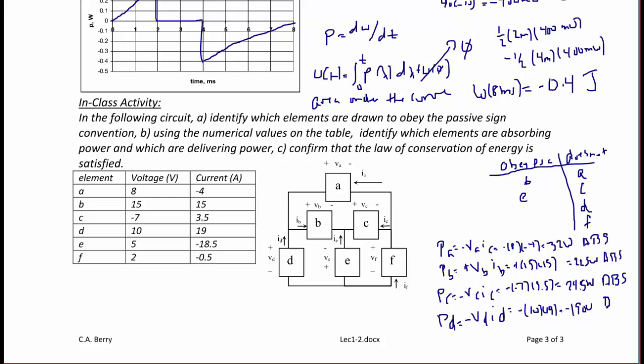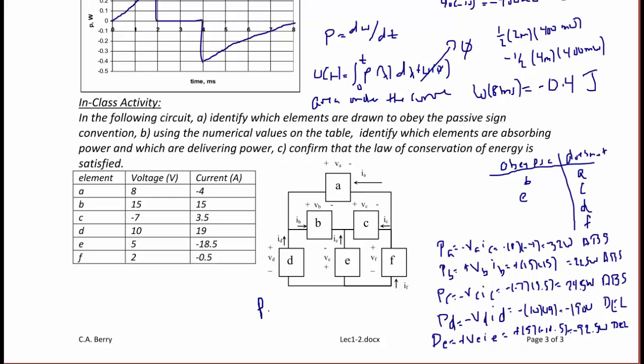So now we have our first element that actually delivers power, and that's element D. For E, which does obey the passive sign convention, we have positive VE times IE, which equals positive 5 times negative 18.5. So for element E, we have negative 92.5 watts. So that one also delivers power.